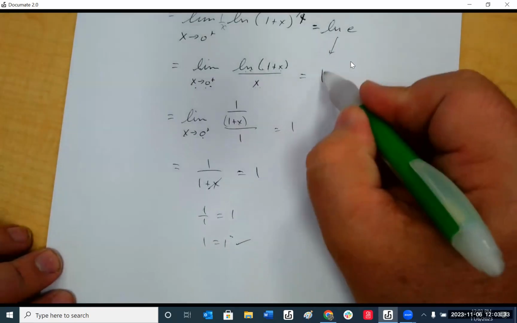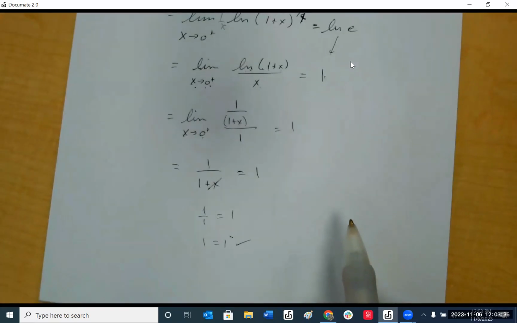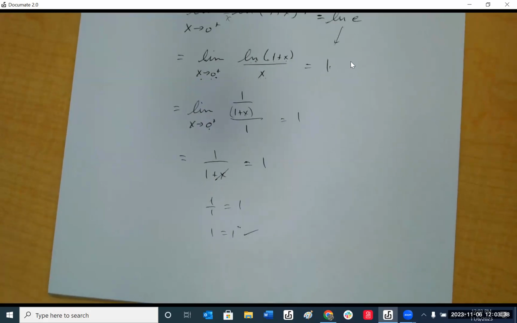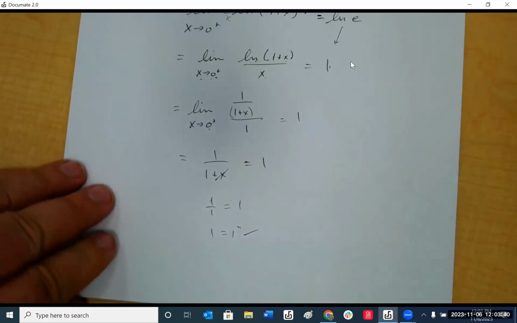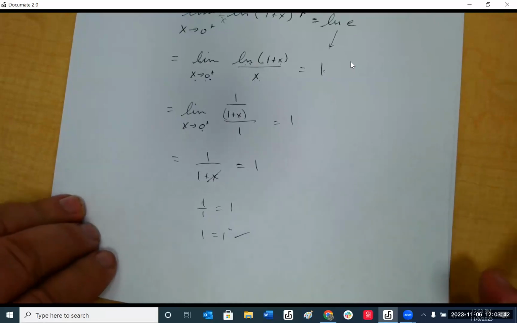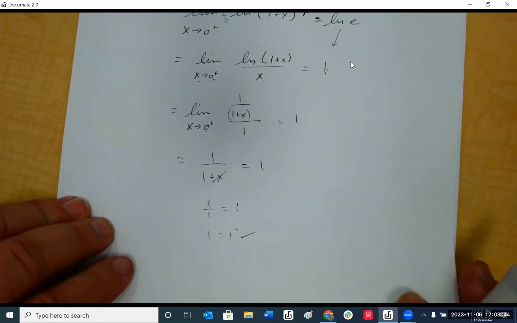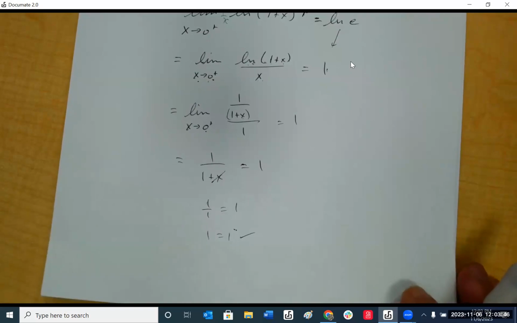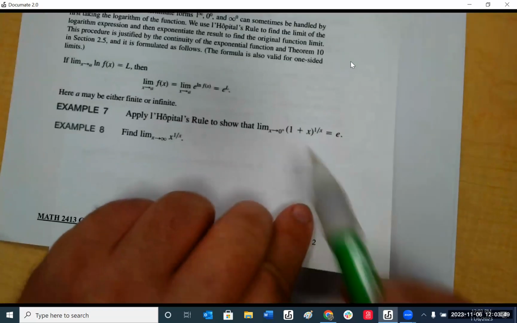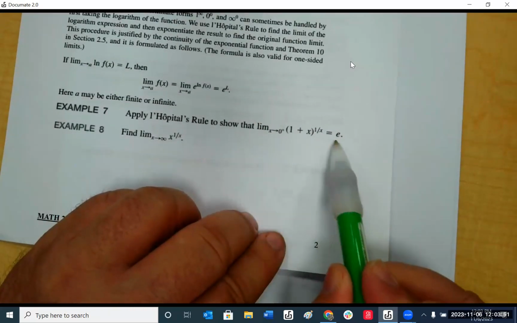So ln e is 1. So that works. It wasn't really a solve. It was more or less to show that. It's to show that this equals that.